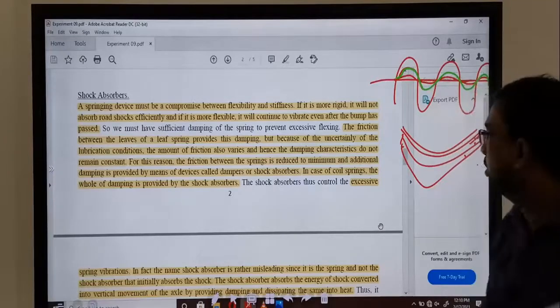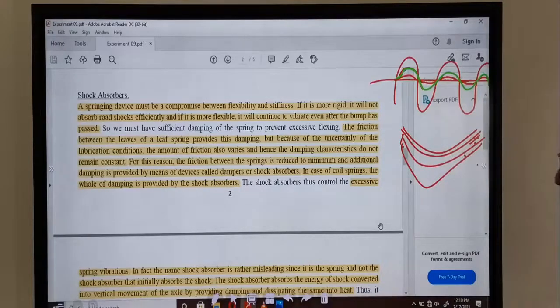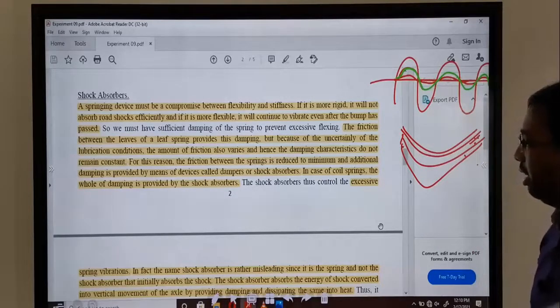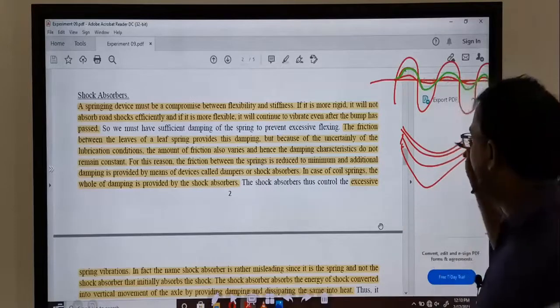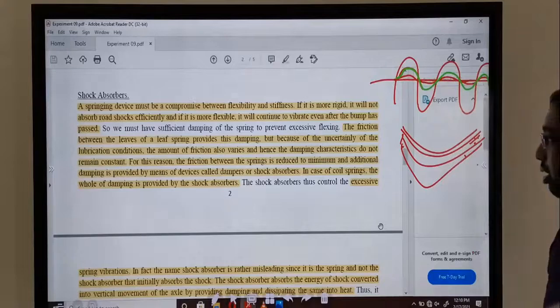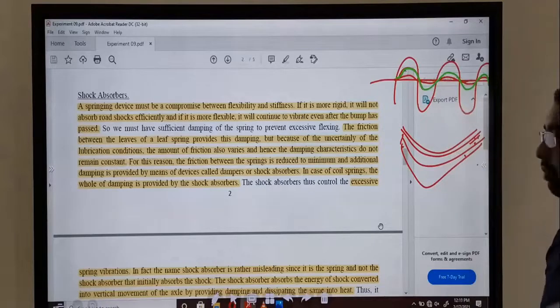That means shock absorbers are used here. With coil springs, because the damping characteristic is changed by the uncertainty of the friction, the shock absorber is used to help maintain the damping.